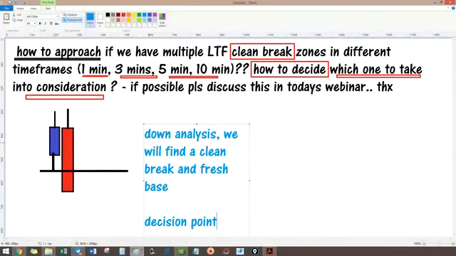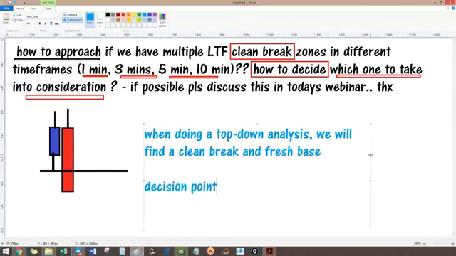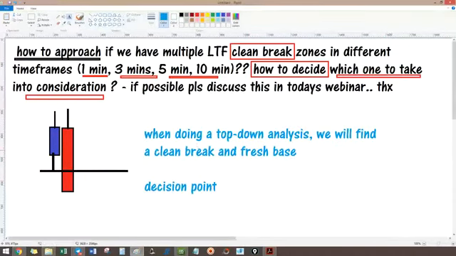So for example, I will show you. When doing a top-down analysis, we will find the clean one and the fresh base. Because when you do your homework, sometimes it takes a base that did not have a clean break.